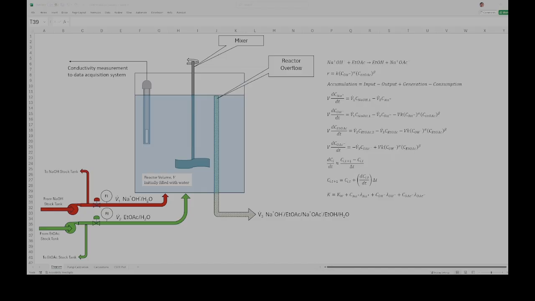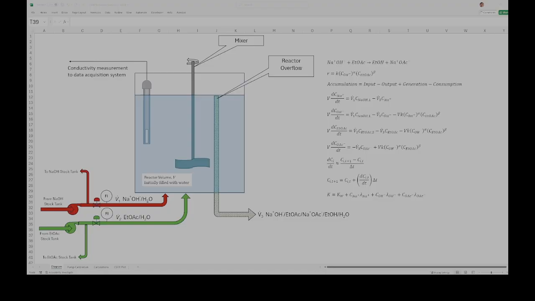Now, the only contributors to the conductivity of our solution mixture are the ionic species, sodium, hydroxide, and acetate ion, plus whatever conductivity we may have in our water that wasn't purified out during the demineralization.